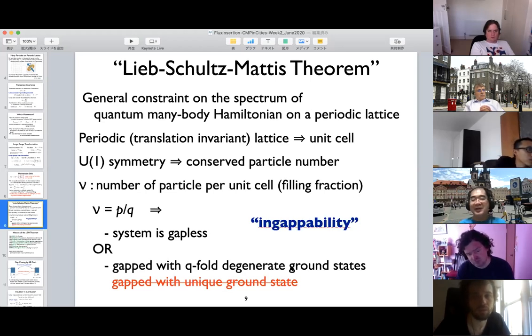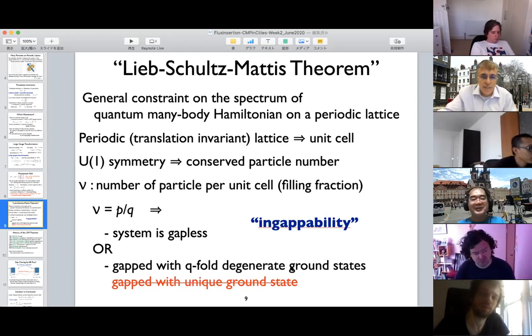And Néel or CDW are possibilities, which is spontaneous symmetry breaking accompanied by ground state degeneracy. So that's consistent with this theorem. What this theorem forbids is that you cannot just open the gap without any spontaneous symmetry breaking or topological order.